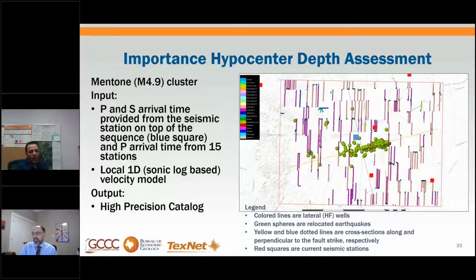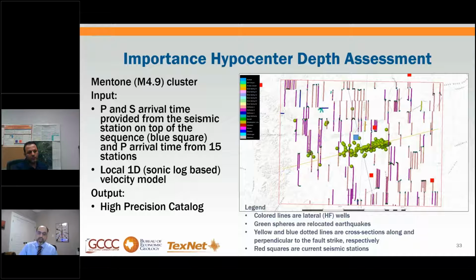That is becoming more and more important in mixed cases, where we have fracking, saltwater disposal, and geothermal projects that also have CO2 storage capacity. All those things are coming up very rapidly, and it seems hypocentral depth assessment is becoming very important.